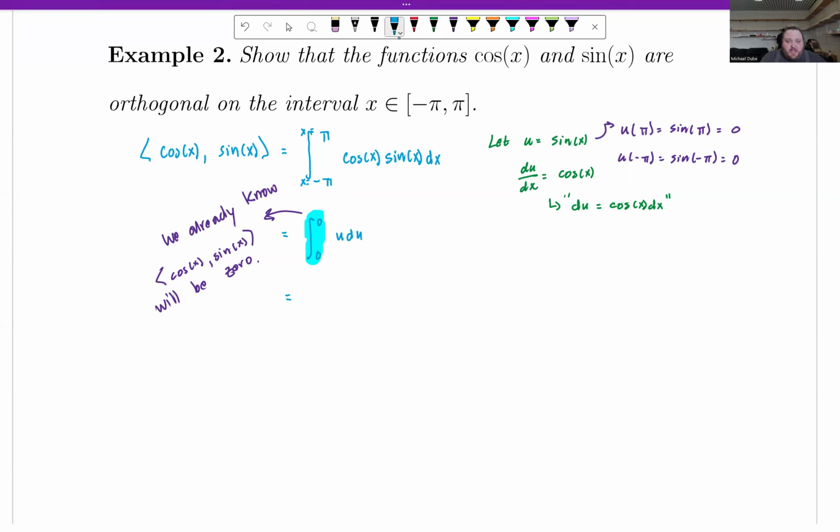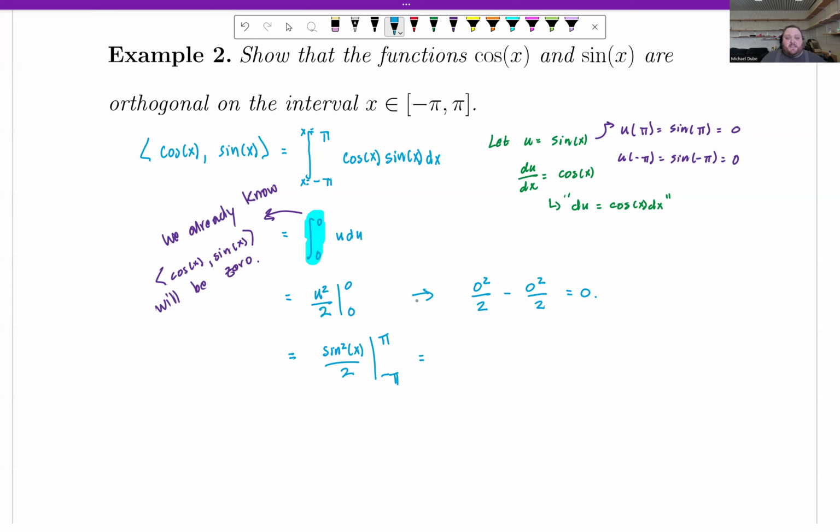So this would be u squared by 2 evaluated from 0 to 0, which of course, if we did this off to the side, we would get 0 squared by 2 minus 0 squared by 2. That's top minus bottom. And of course, this would equal to 0. Okay? But let's say we did switch back to our original function, then this would be sine squared x by 2. And we'll go back to our original bounds, negative pi to pi.